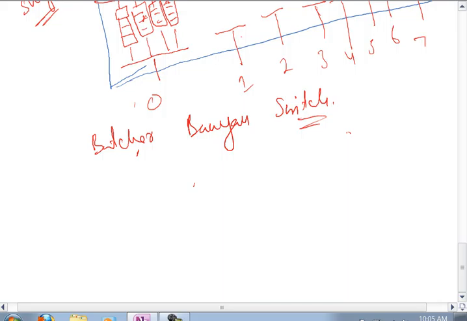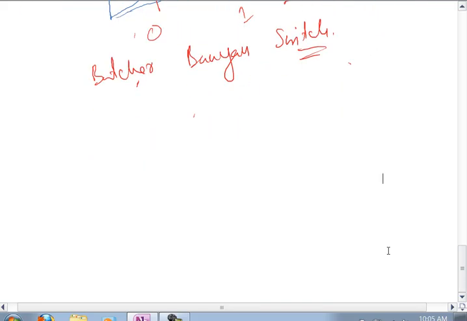To fix some problems in a banyan, we have upfront Batcher to make it a Batcher-Banyan. So to understand Batcher-Banyan, we'll first design a banyan switch, and then we move on to the Batcher, because the Batcher basically is a switch upfront to mitigate the problems in a banyan switch. Right? First we understand what is the banyan switch and what are the problems in it. That will be the end of today's lecture.